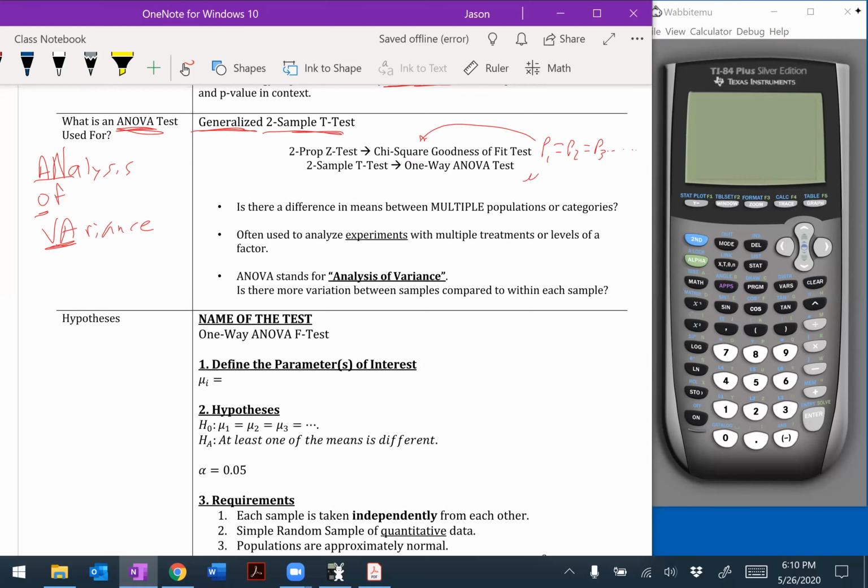Means is mu1 equals mu2 equals mu3, however many we need to test. We're no longer doing just two samples, we're doing multiple samples. ANOVA is a multiple sample t-test.